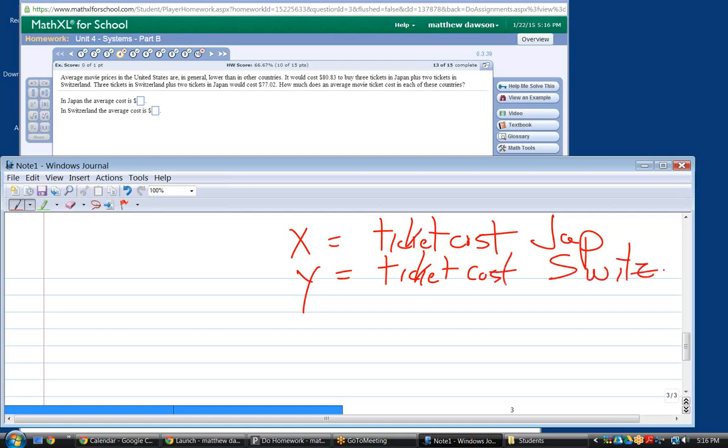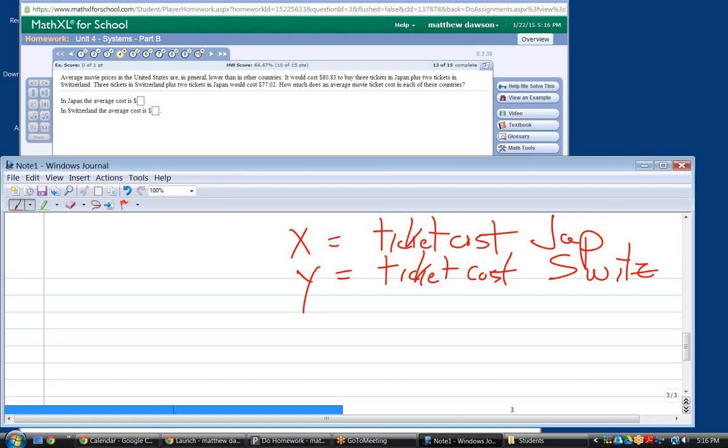Alrighty. And you don't always have to go to this much trouble to spell it out, but it's helpful sometimes. If you don't spell out precisely what it is, you can get mixed up: are we talking the number of tickets or the price of the ticket?